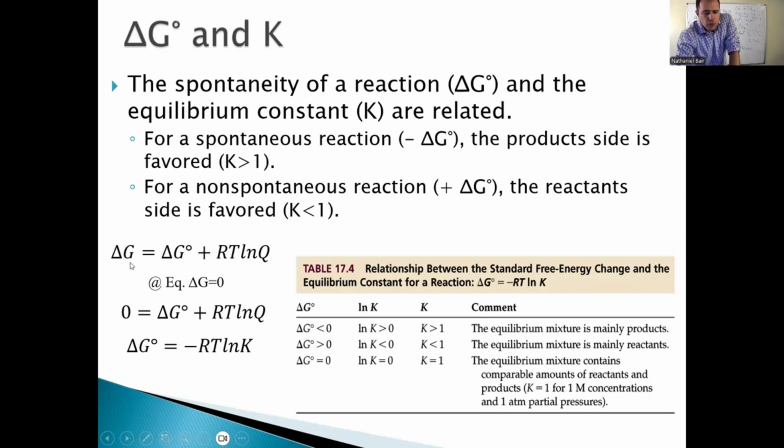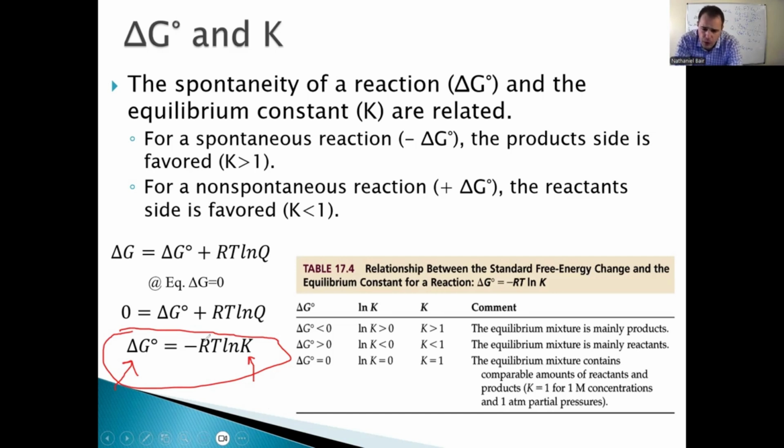If we take this reaction we just got, if you say a reaction at equilibrium has a delta G of 0, then if we plug 0 in for delta G non-standard, you can derive this equation. And this equation says that delta G standard is going to be equal to negative RT ln K. So this is the equation that actually allows you to take the standard Gibbs free energy values and determine the equilibrium constant for the reaction from them.